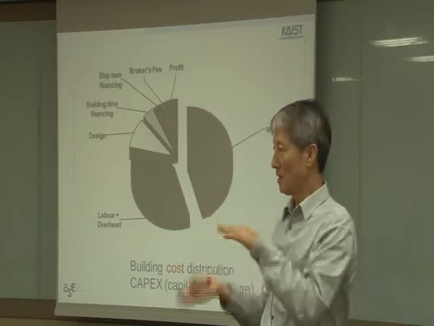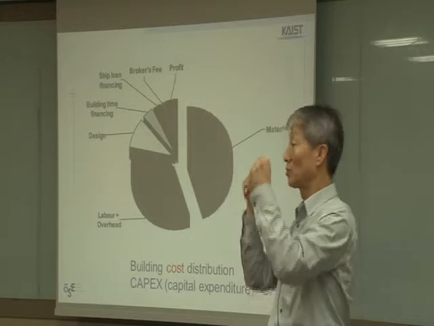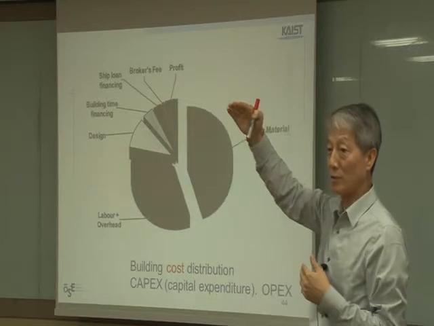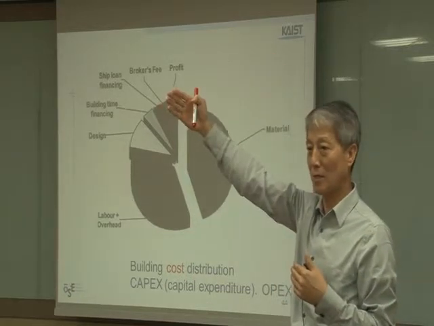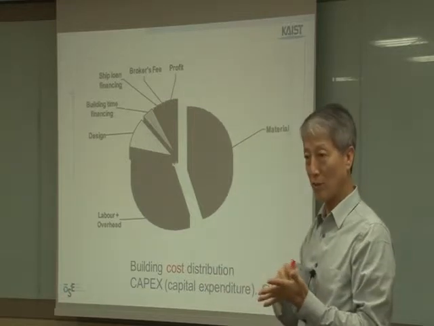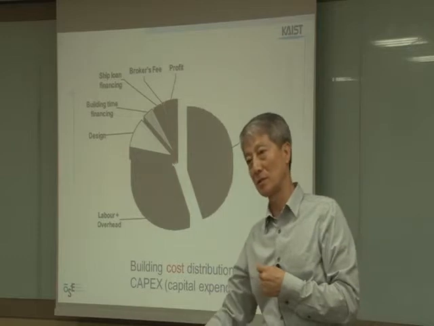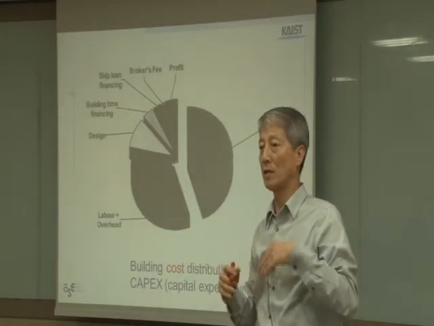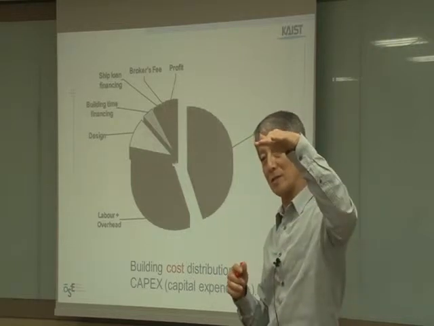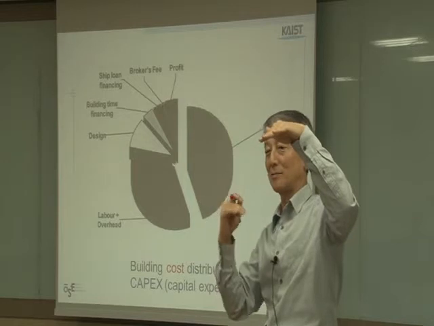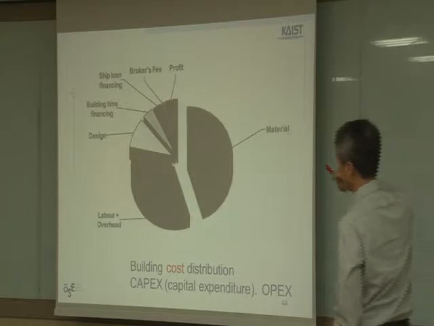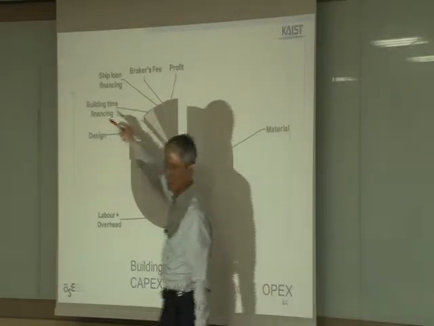In the middle, depending on the situation, usually they should use more money than income. Because the final one comes at the delivery stage. The whole ship should be completed and the checklist should be okay, then the final payment comes, right? So before then, I should pay more. The shipyard pays more because the completed ship is already there, but the final money is still not coming. So there should be some loan. So there is some financing money there.